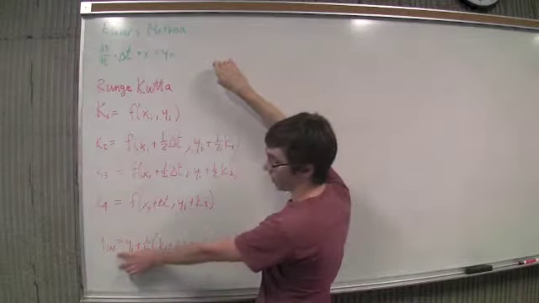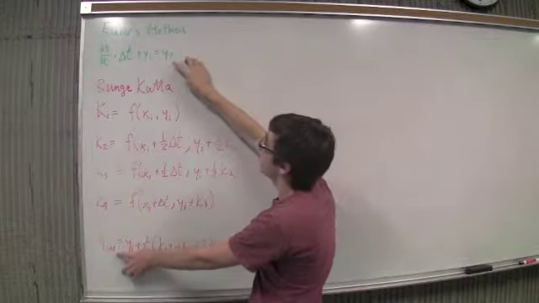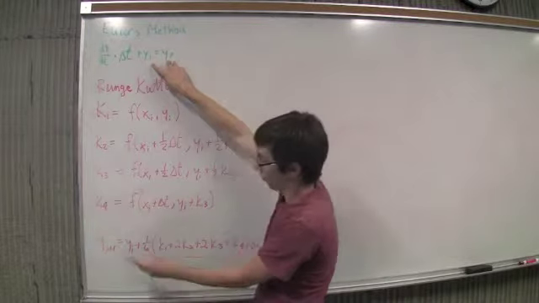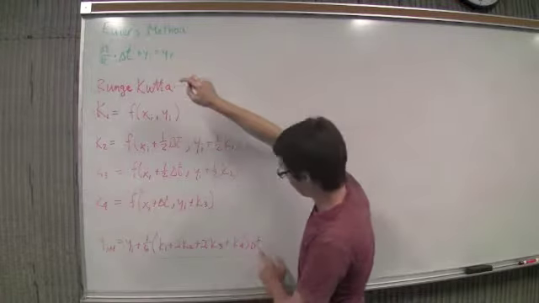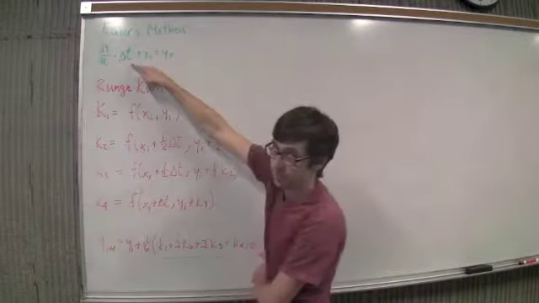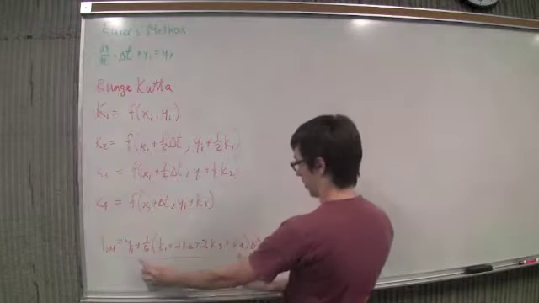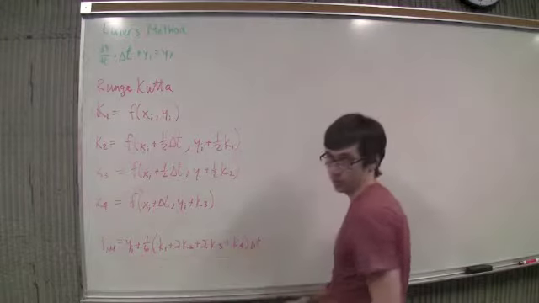Your final y value equals the initial y value, or whatever one you want to start with, plus a delta t, a step size, times the rate of change, which over here, this big thing right here, is our rate of change.